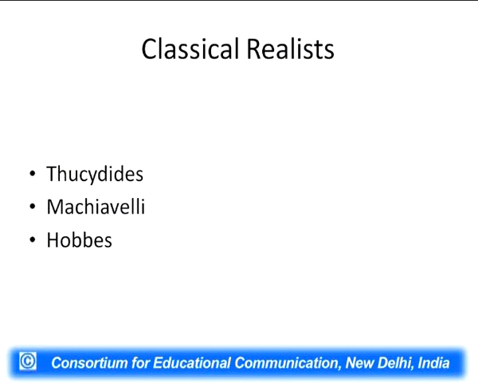Thucydides. Thucydides, as you know, was a Greek scholar, and he wrote on the Peloponnesian War in the Greek city-states. So Thucydides was the first scholar from whom the concept of realism is traced. The second is Machiavelli. Machiavelli, as you know, was an Italian Renaissance scholar.